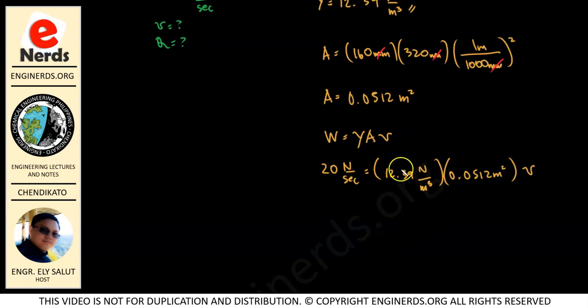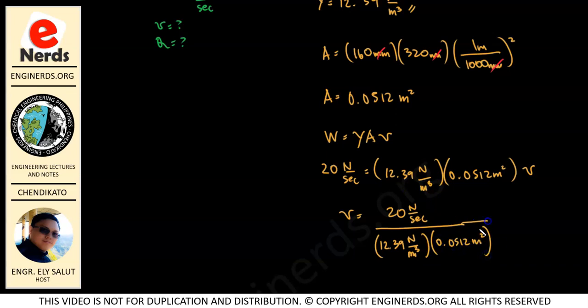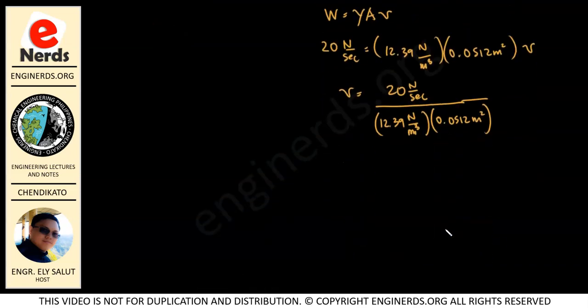Therefore our velocity is equal to 20 Newton per second over 12.39 Newton per cubic meter, over 0.0512 square meter.